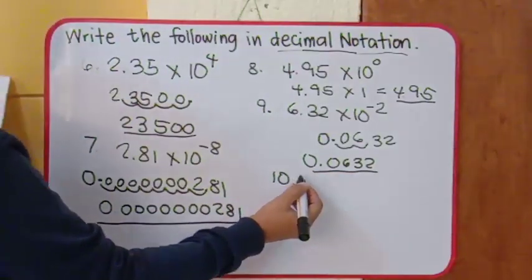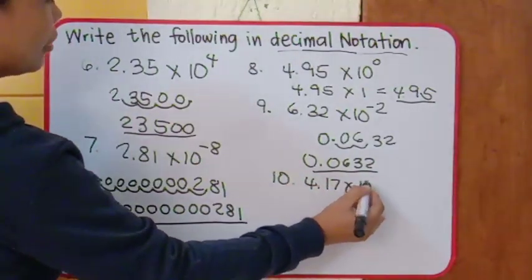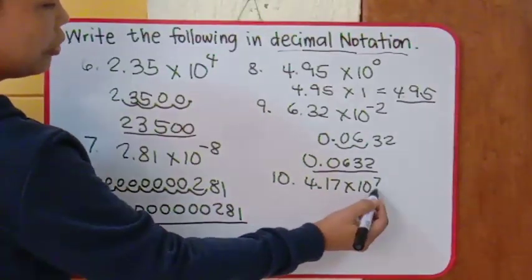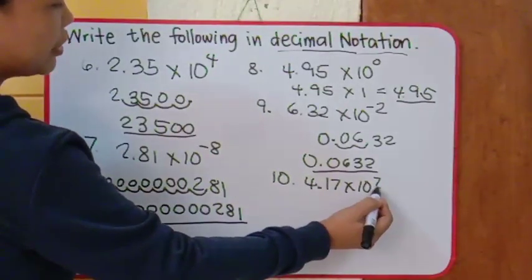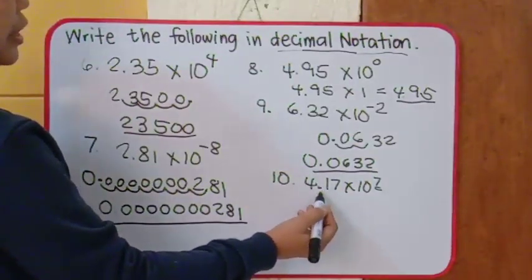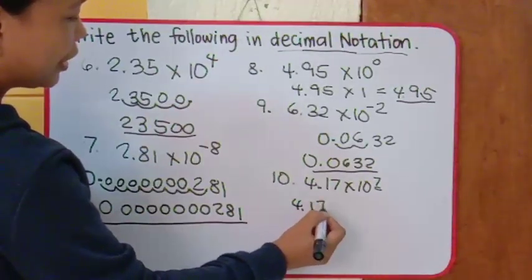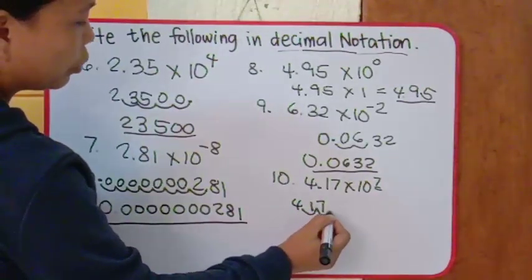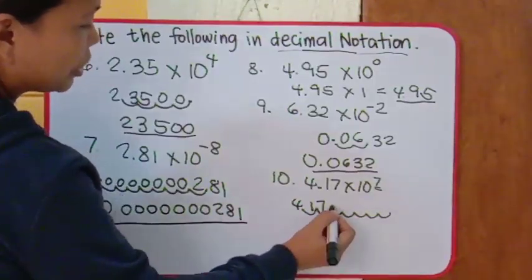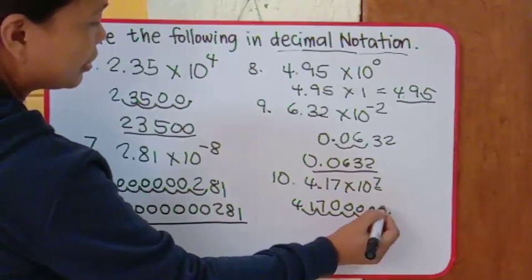Okay? So we have here the last example, number 10. We are given here 4.17 times 10 raised to 7. So again, we will check the exponent of the base 10 here. So we have 7 positive. It means that we will move the decimal point 7 times to the right. So we have here 4.17. So we have 1, 2, 3, 4, 5, 6, 7. So we just add zeros here for the blank spaces.